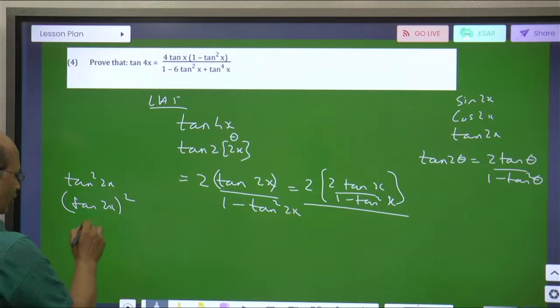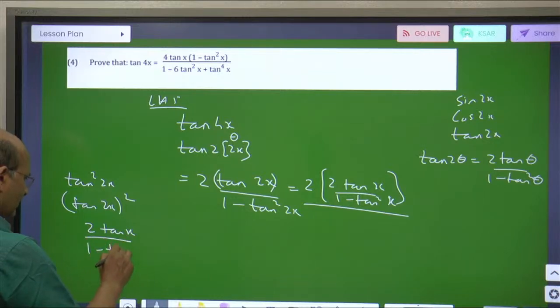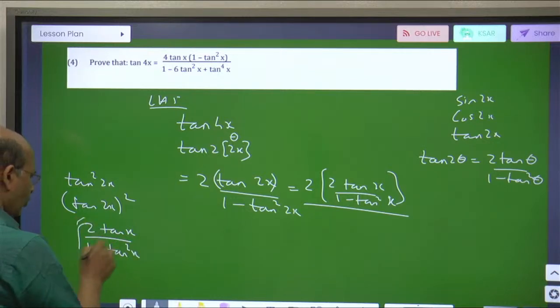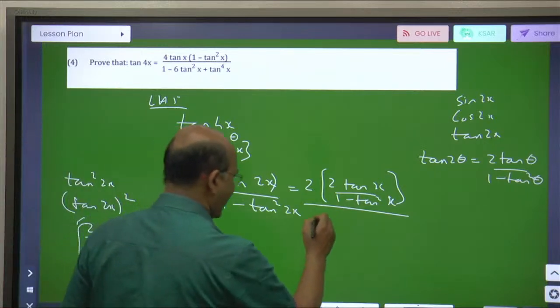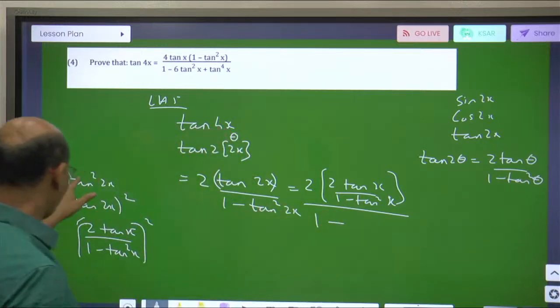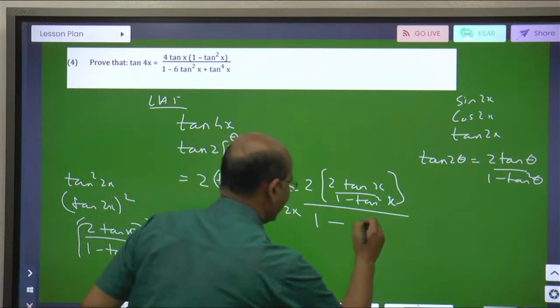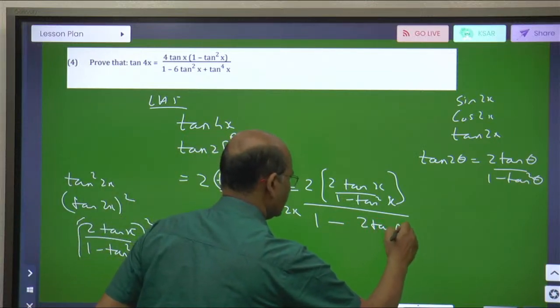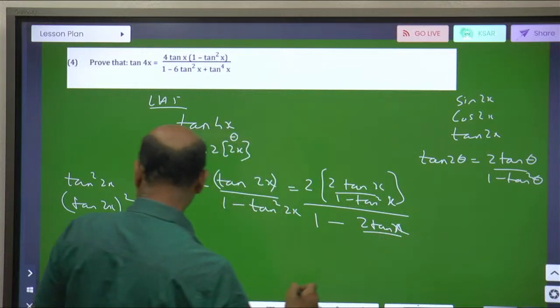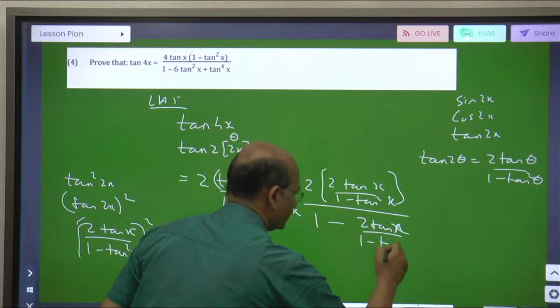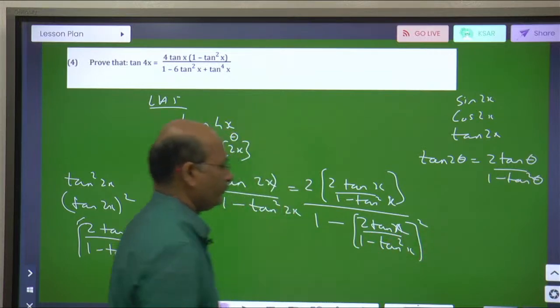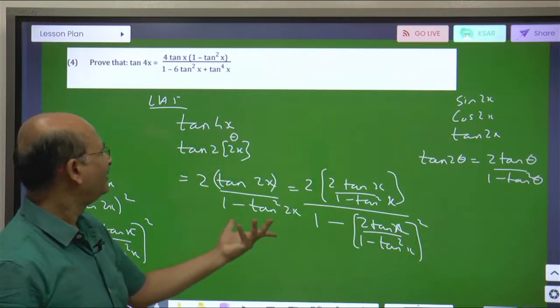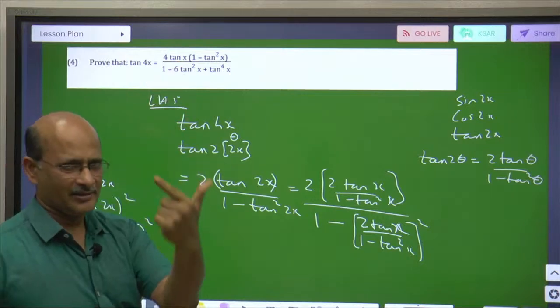So tan 2x whole square is 2 tan x upon 1 minus tan square x, whole square, correct? So I can write this 1 as it is, minus tan square 2x, which is nothing but 2 tan x upon 1 minus tan square x, whole square. Done? You get this like this. Just see how.